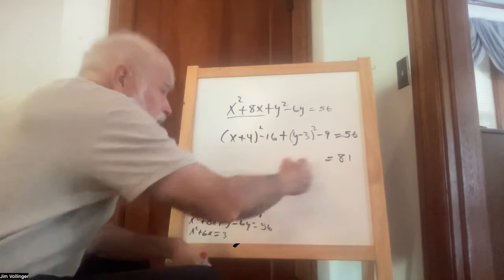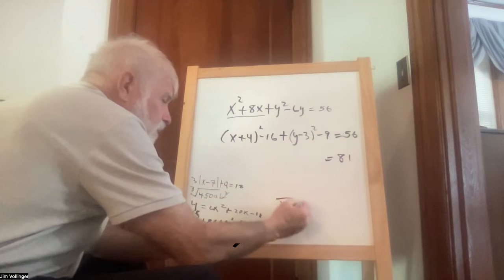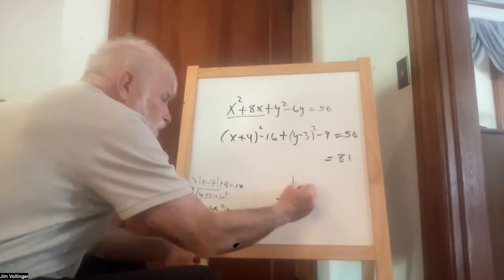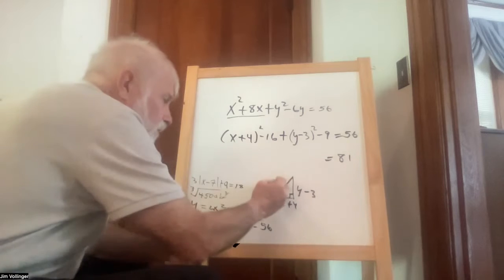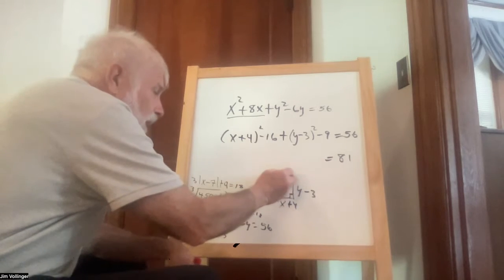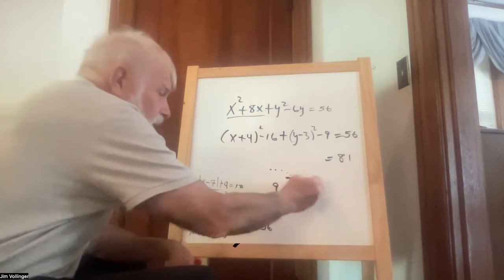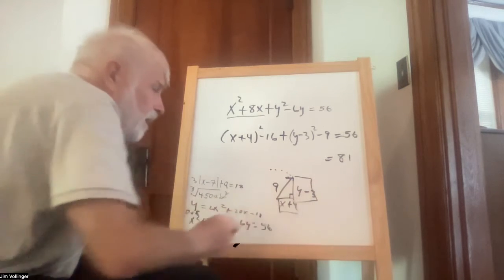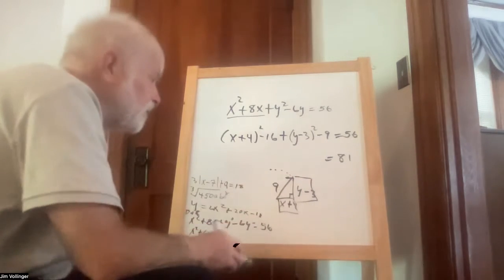That's a square area. We've got x plus 4 and y minus 3, giving us a right triangle with a radius of 9. Because as this moves around like the hand of a clock, all of these square areas take on different size values, but those square areas still have to add up to 81.